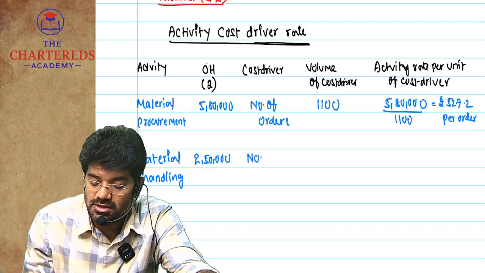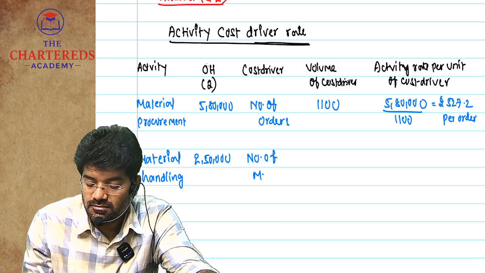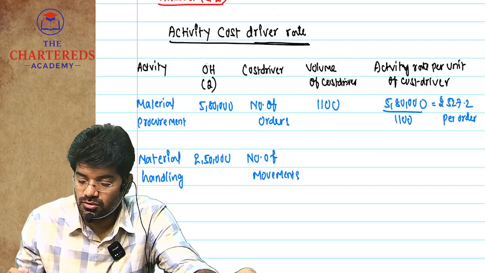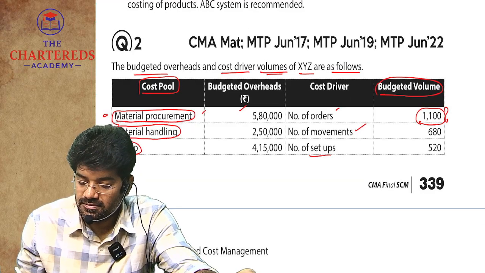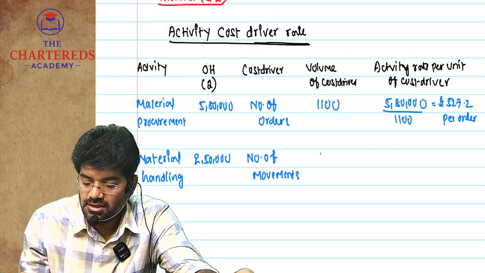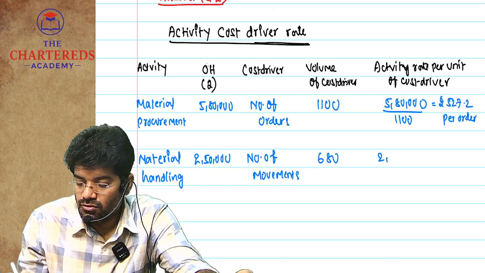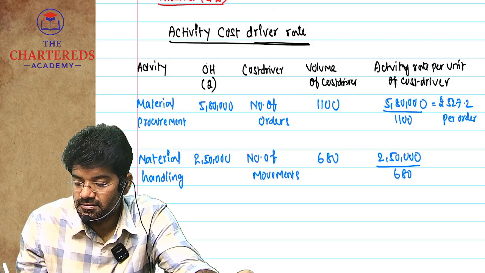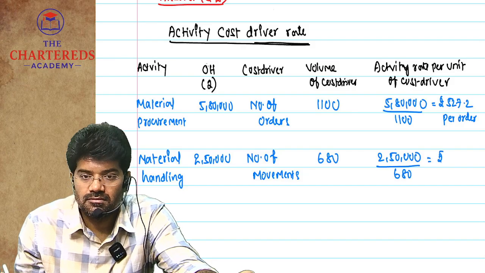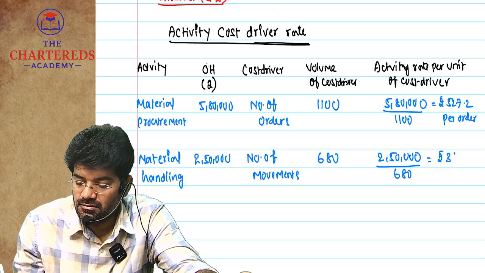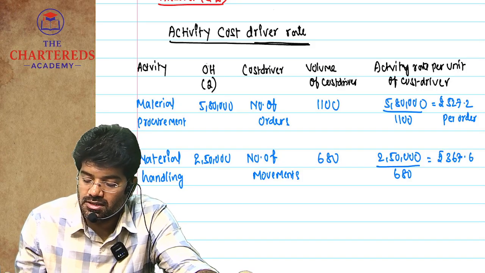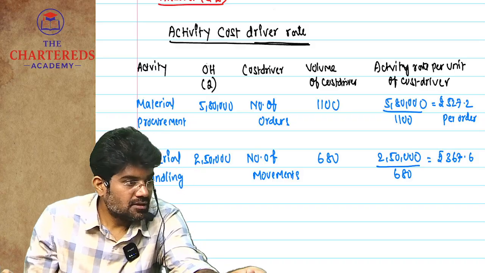Number of movements. The volume they have given is 680. So 2,50,000 divided by 680, 367.6.